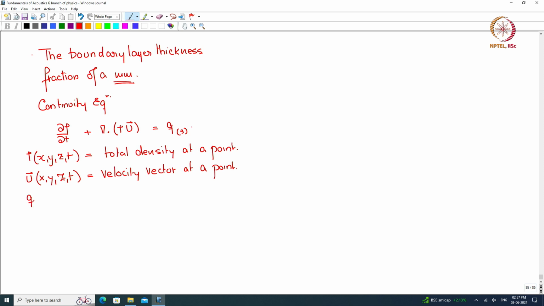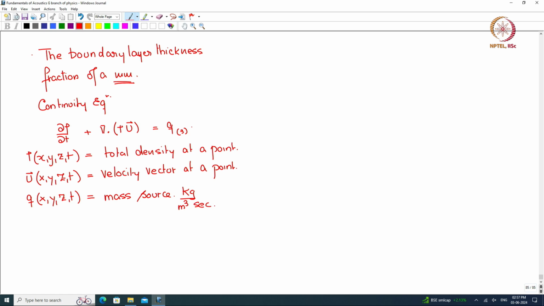Then q of x comma y comma z comma t is the mass source term, just kg per meter cube second.